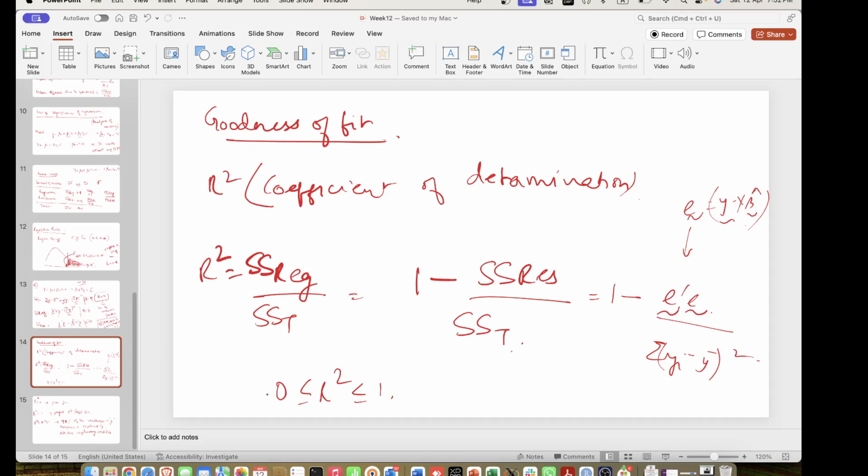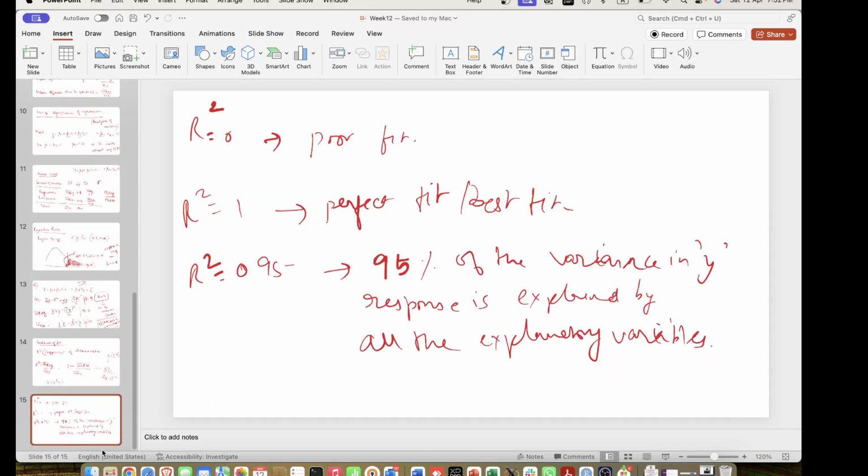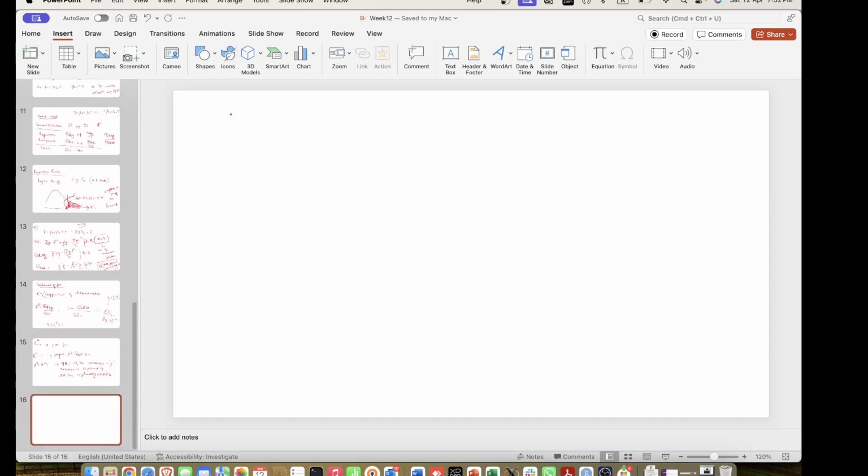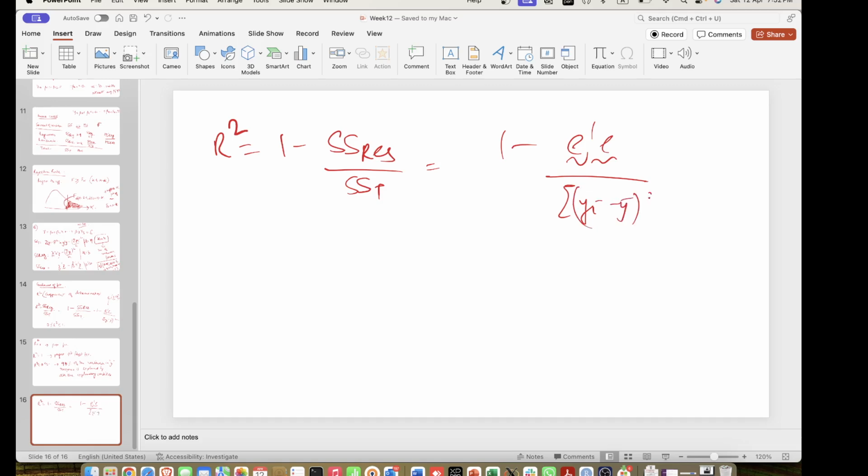So R square equals 1 minus SS due to residuals by SS total. This is 1 minus E transpose E by the summation of yi minus y bar whole square, which is 1 minus the summation of ei square by the summation of yi minus y bar whole square.